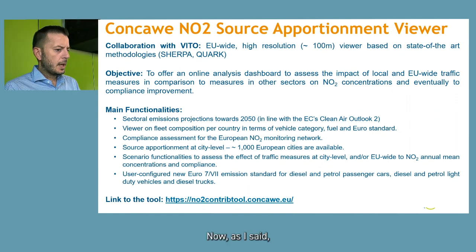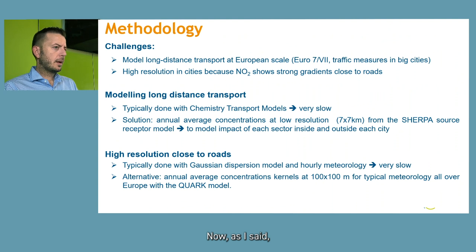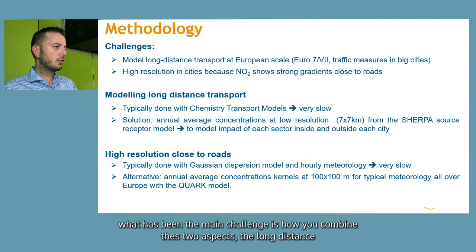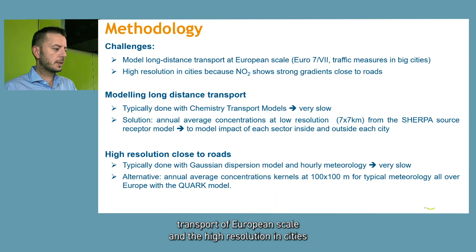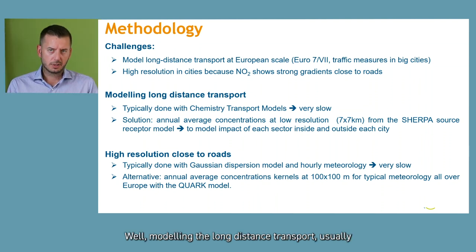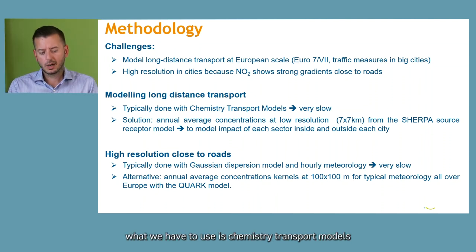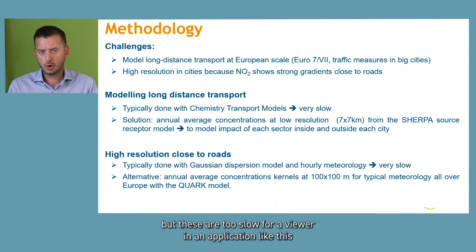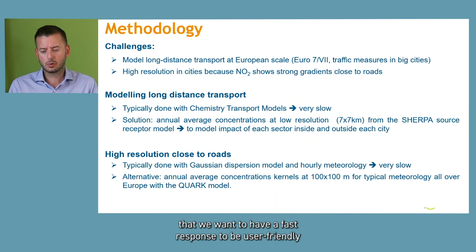Now, as I said, the main challenge has been how you combine these two aspects, the long-distance transport at European scale and the high resolution in cities, considering the steep gradients close to roads. Well, for modeling the long-distance transport, what we usually use is chemistry transport models, but these are too slow for a viewer and an application like this, where we want a fast response to be user-friendly.